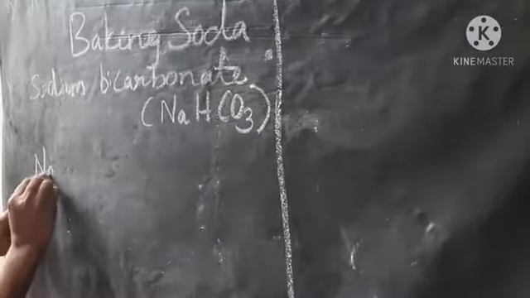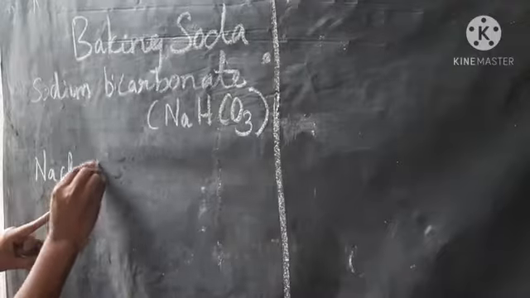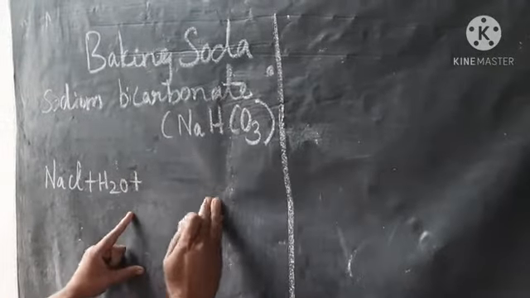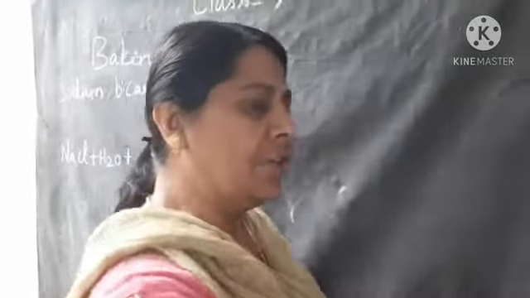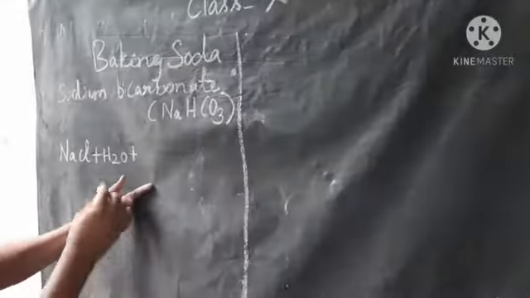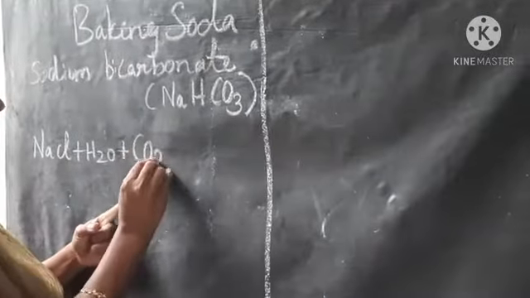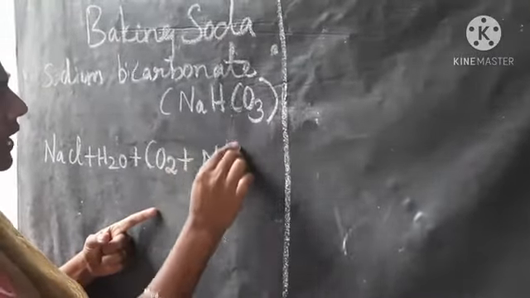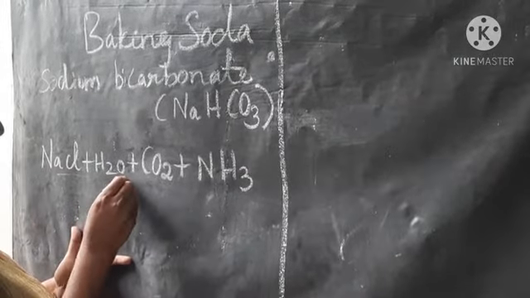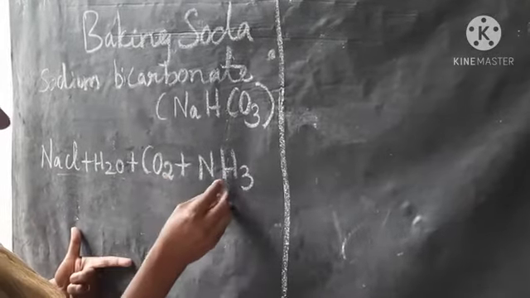Same thing. Along with brine solution, the substances used are carbon dioxide plus ammonia. Okay, NaCl plus water is brine solution, then carbon dioxide and ammonia.